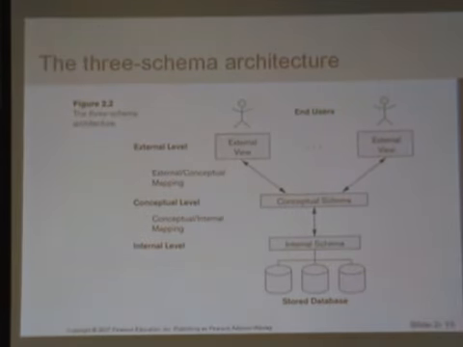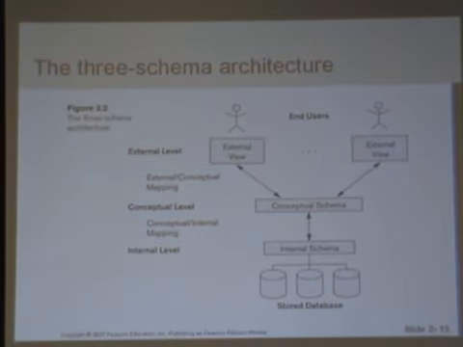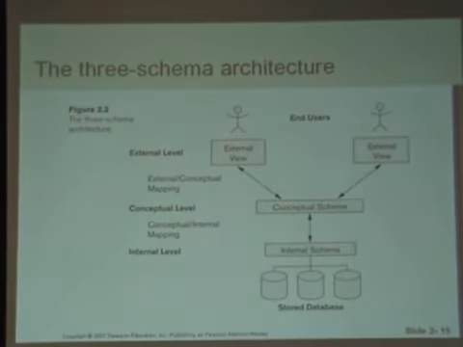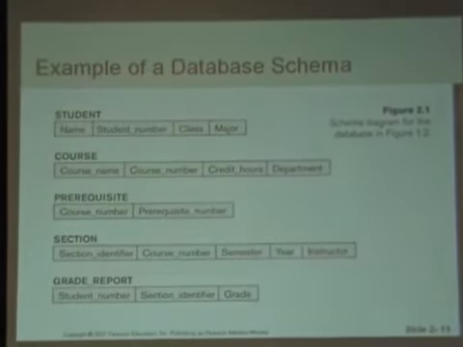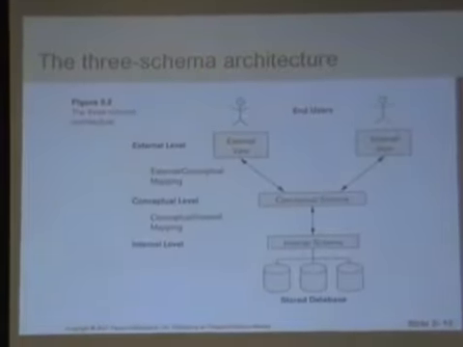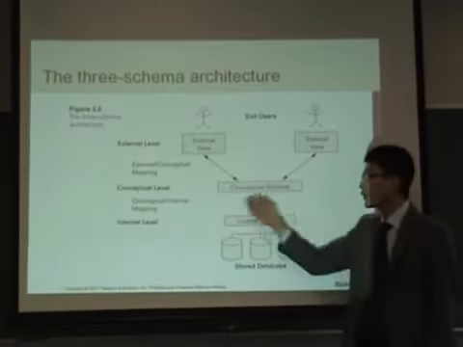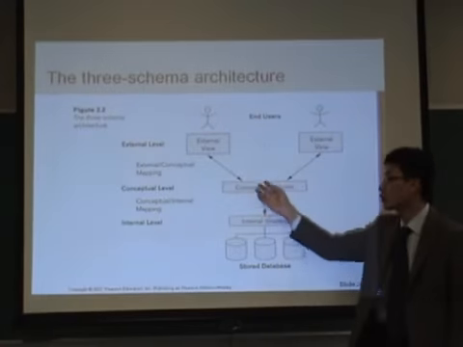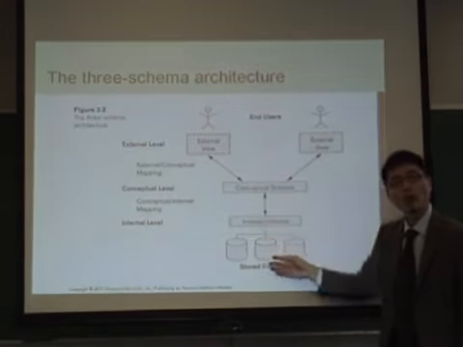First, I model the student data. So a student has name and ID, for example. So we can draw the diagram, not relational, just a diagram as shown before, like this. Yes. That is the conceptual level schema. A student has name and ID. But when you create the database based on your schema, do you know where the data is stored?